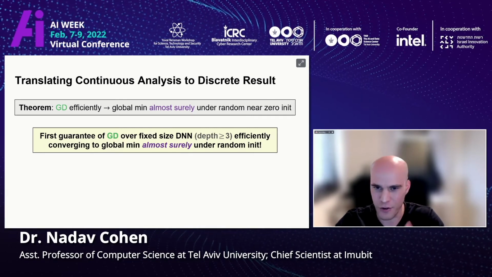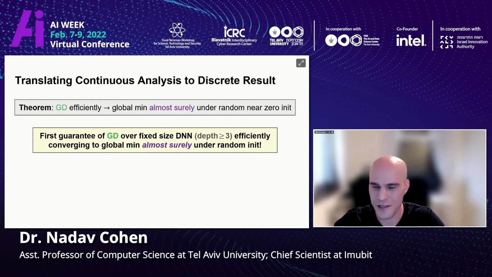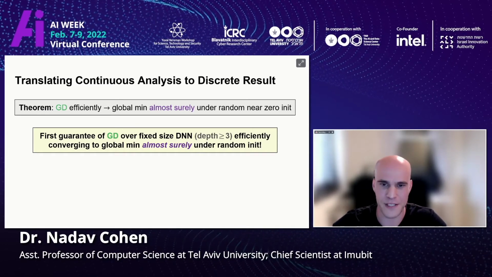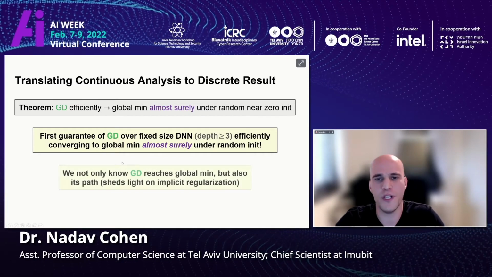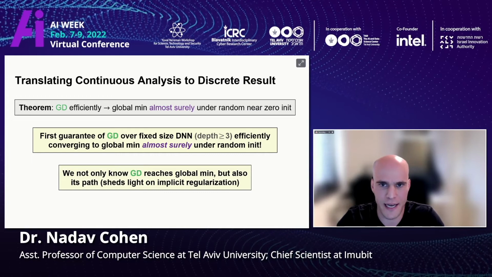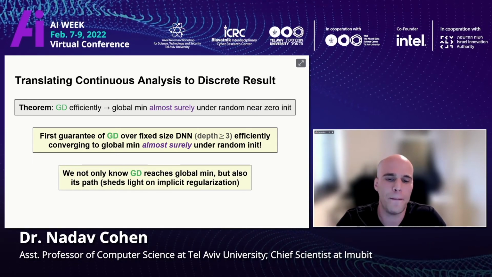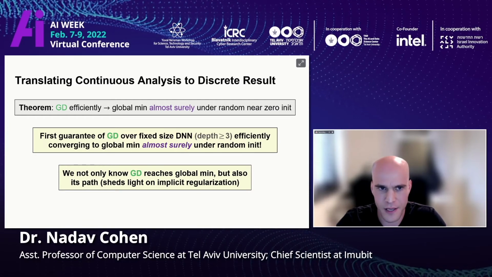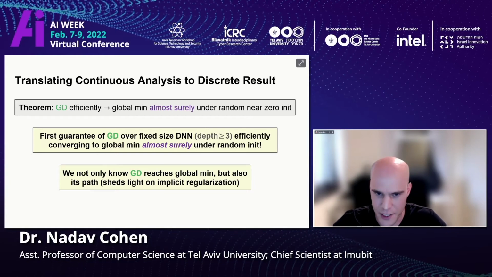So there are several criteria that jointly, when they are required, this is the first result that I'm aware of that meets them all. And another thing to note is that we not only know that gradient descent converges to global minimum, but we actually know what path is taken to get there. The continuous analysis of gradient flow, we characterize the trajectories there.